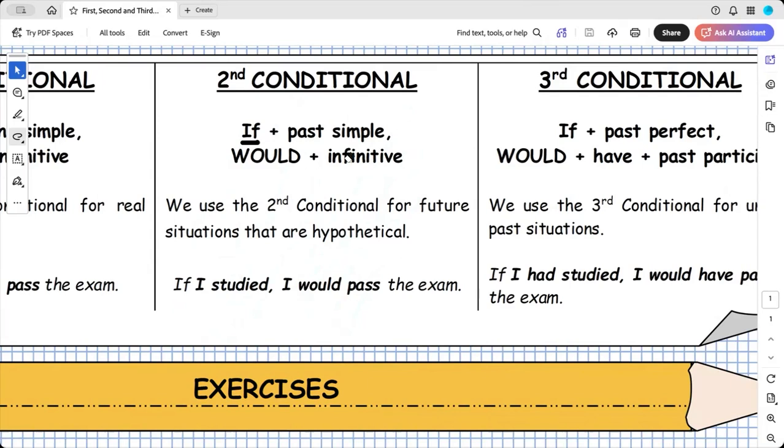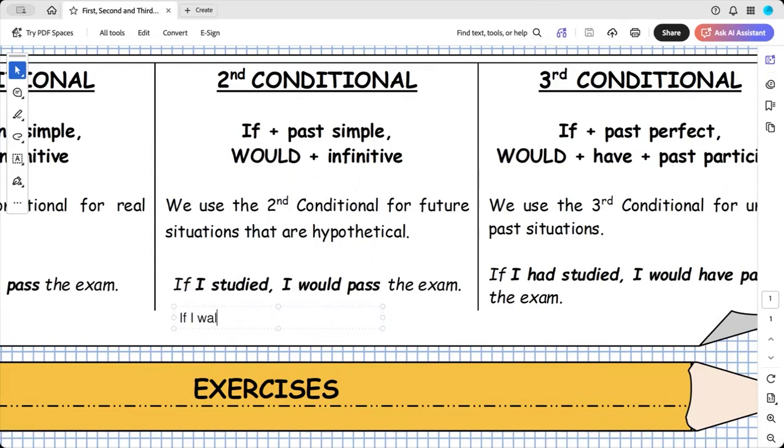So like I said before, just make sure that you learn these. One, what is the formula? Just write it down, memorize it. What is it used for? And write an example. Now, for you to learn this more quickly, write down an example that's personal. So let's think of one. Okay, one example.